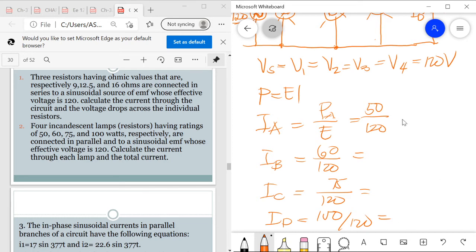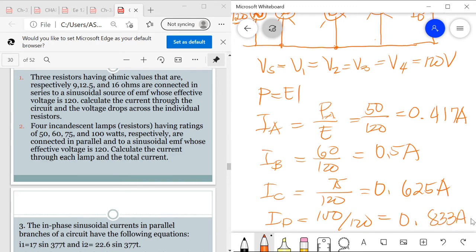This is 0.417 amperes, 0.5 amperes, 0.625 amperes, and 0.833 ampere.